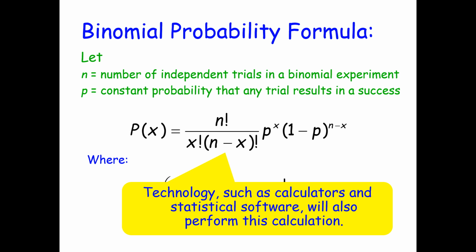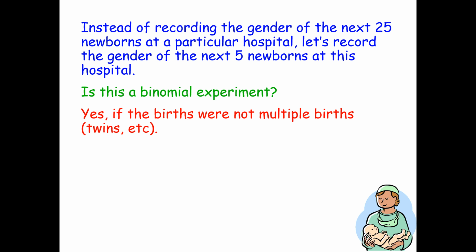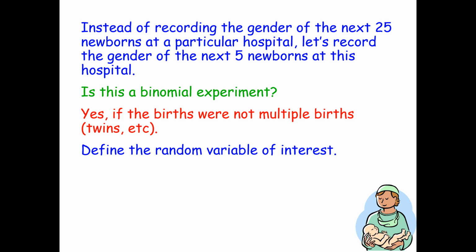So let's get back to our question in the hospital. Instead of recording the gender of the next 25 newborns at a particular hospital, let's record the gender of the next 5 newborns at this hospital. Is this a binomial experiment? Yes, if the births were not multiple births, like twins or triplets or things like that. So we're going to define the random variable of interest.